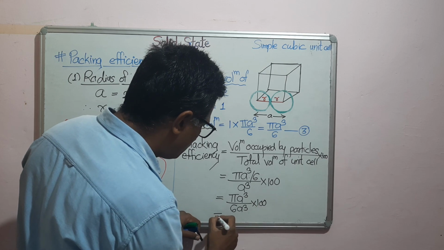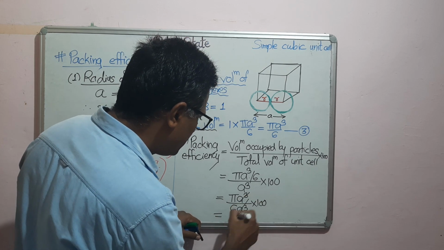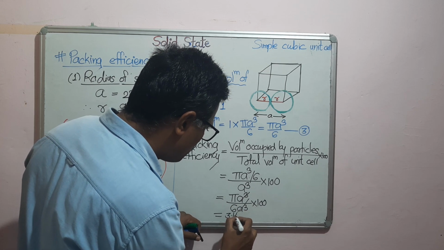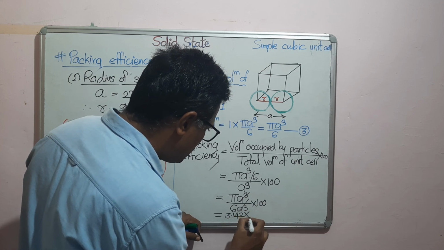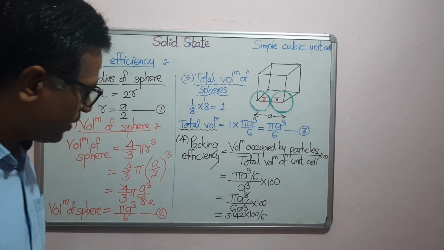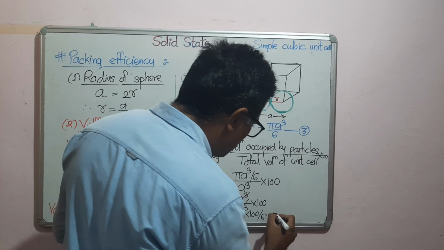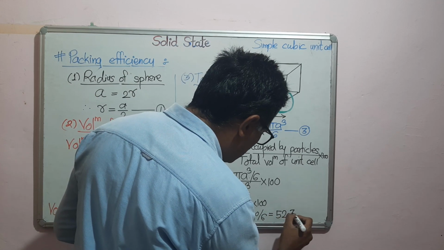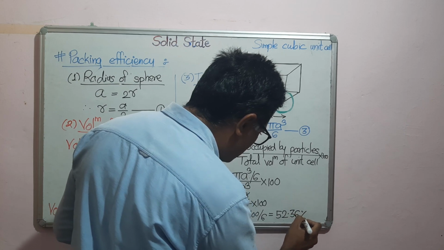The a cube gets cancelled. So we have pi value 3.142 into 100 upon 6, and if you do this calculation, it comes out to be 52.36%.